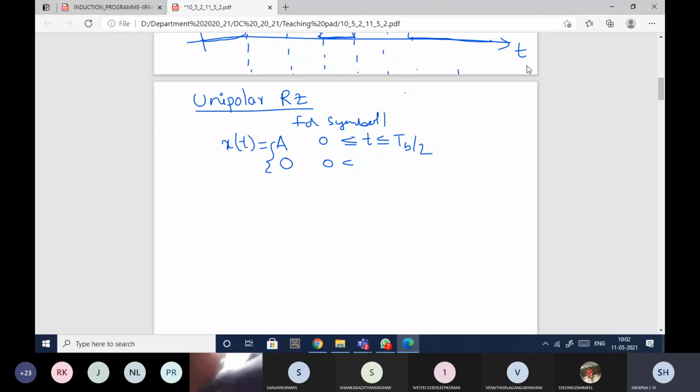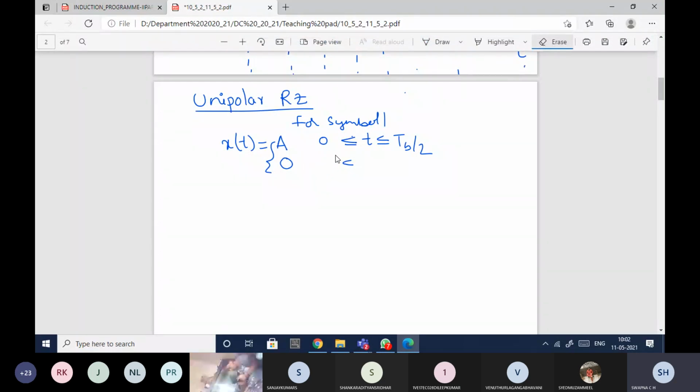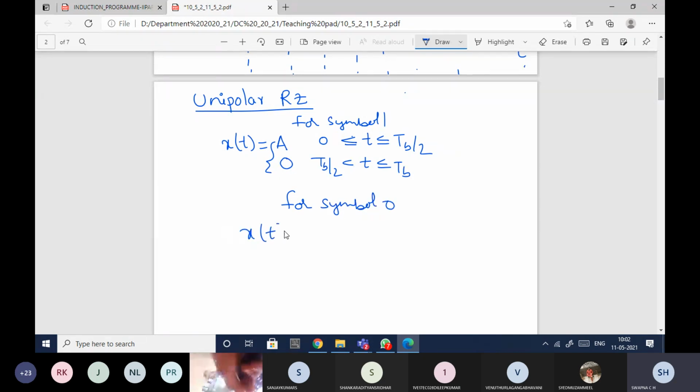Oh, sorry, it is Tb by 2 less than or equal to t less than or equal to Tb. So this is for symbol 1. For symbol 0, x of t will be equal to 0 throughout the interval, in the sense from 0 to Tb. For the complete interval, the symbol will be equal to 0. This is your unipolar RZ format.